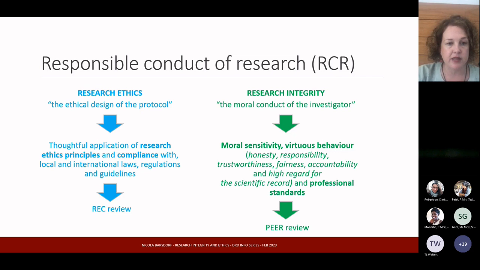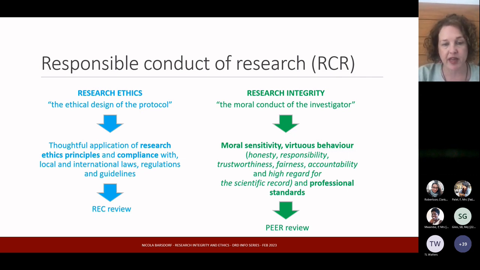And generally, protocols are subjected to research ethics committee review, and the research ethics committee becomes the body that helps to support researchers to make sure they are complying with those guidelines and making sure that those ethical principles are present in their research plan.